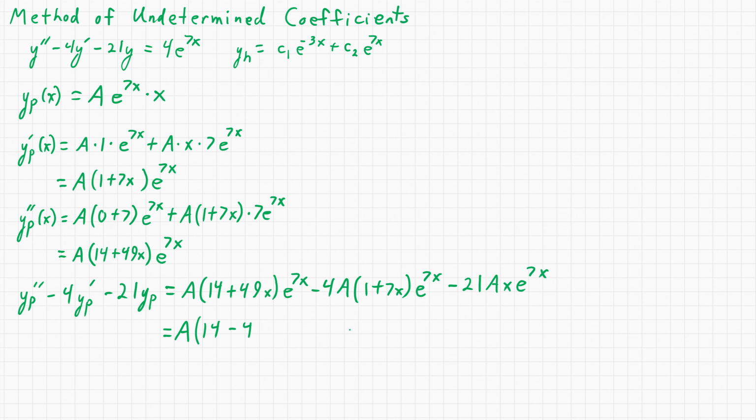And the third term, we don't have any constant terms by themselves. Okay, so then this is multiplying e to the 7x. Then we also have the x terms, so a. We've got 49x in the first one. Then we've got minus 4 times 7x, so minus 28x. In the last term, we have minus 21x. All that times e to the 7x.